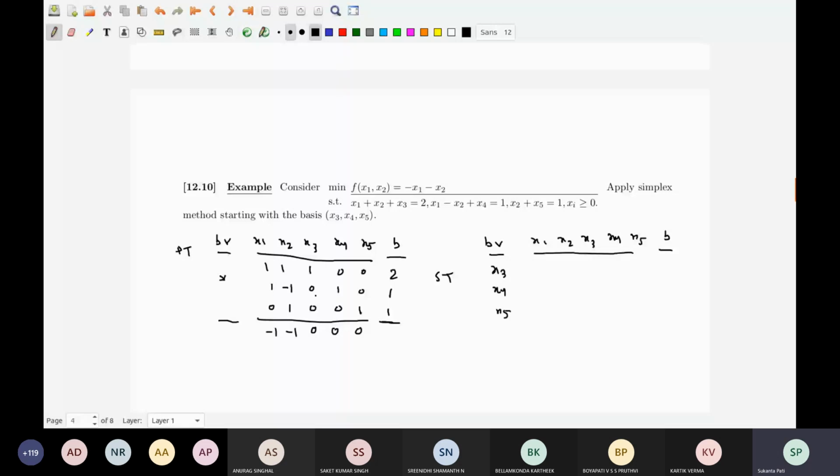The column below x4, the second basic variable, is 0 1 0. The column below the third basic variable is 0 0 1. So I really do not have to do anything. Had you written x4 x3 x5, you would have to interchange rows. So I'll not do anything here, as the columns below the basic variables have the appropriate structure.